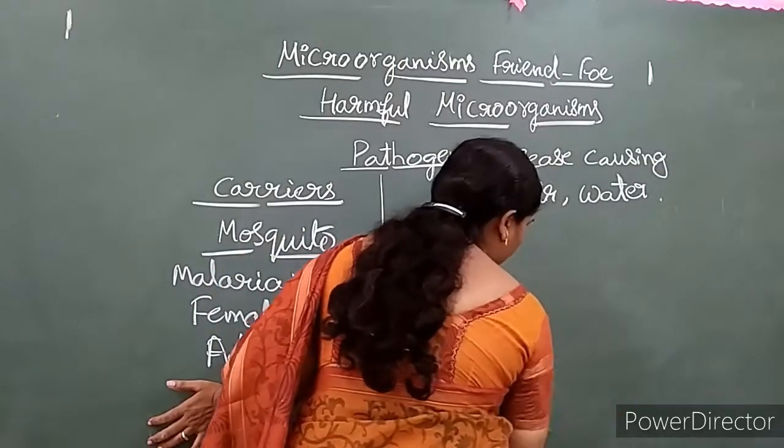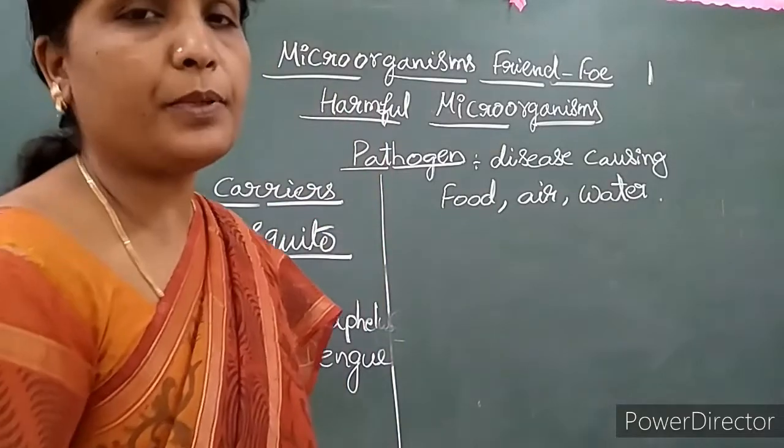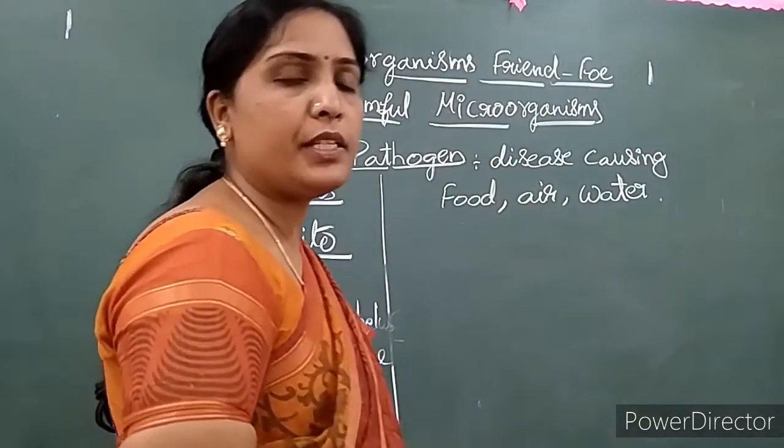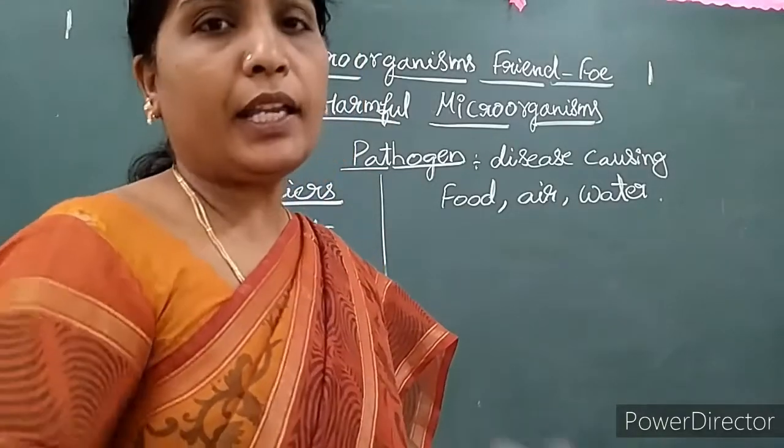Communicable diseases are spreading from one person to another in different ways: by food, by water, by air and by carriers.